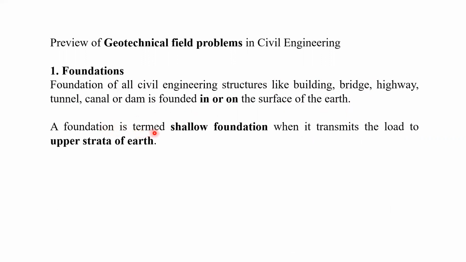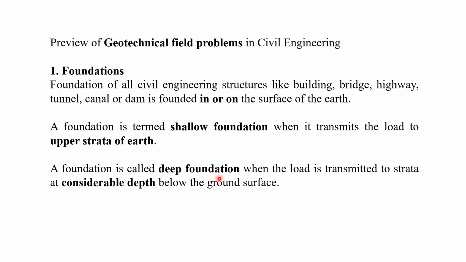And a foundation is termed a shallow foundation when it transmits the load to the upper strata of the earth. Normally literature says, and we have to know also, the shallow foundations we construct only up to approximately 3 meter below the ground surface.